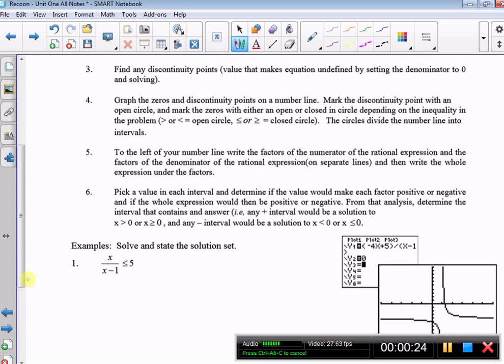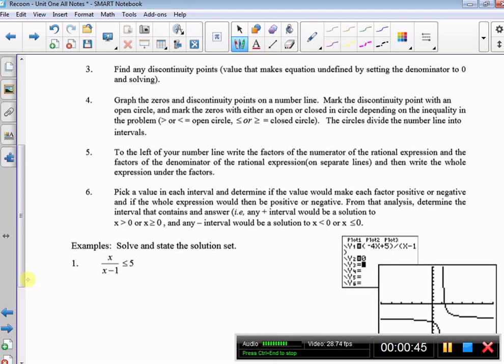I need to look at my answer as an inequality, and I need to do the same thing that I've been doing in terms of solving an equation or an inequality. I need to set these equal to 0.